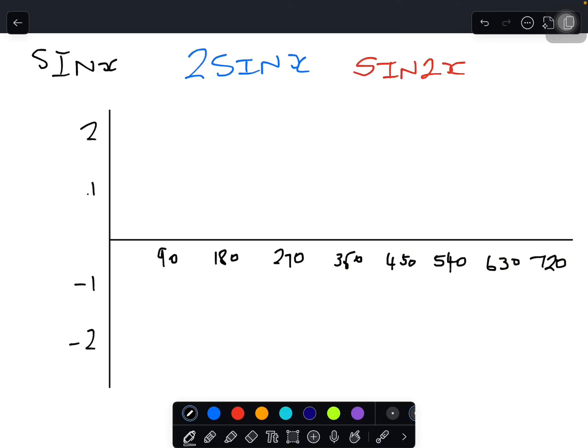Our original function has a period of 360 degrees and an amplitude of 1, and we'll touch more on that later. We go up to 1 at 90, down at 180, at 270 it's -1, so we make sure we get that point right.